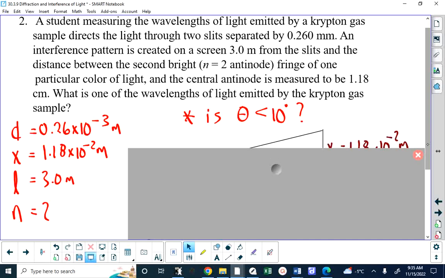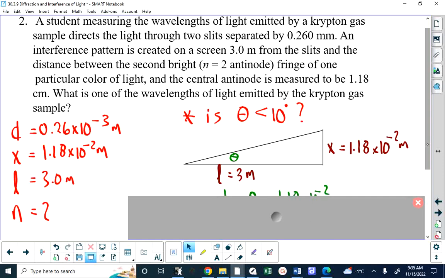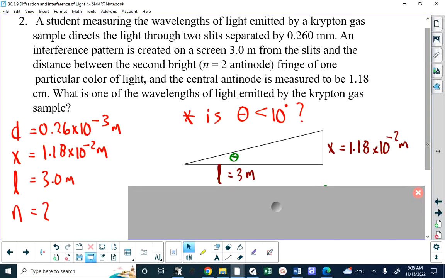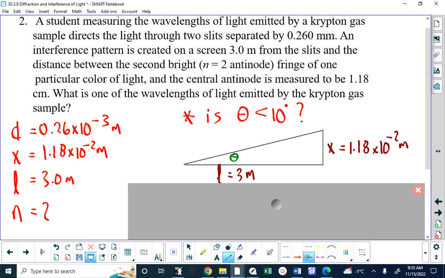So how do we do that? We determine if the angle is less than 10 degrees by just doing a trigonometry problem. You know, there's your diagram. Your double slit, I didn't put it in here, but your double slit is over here. Your screen is over here.